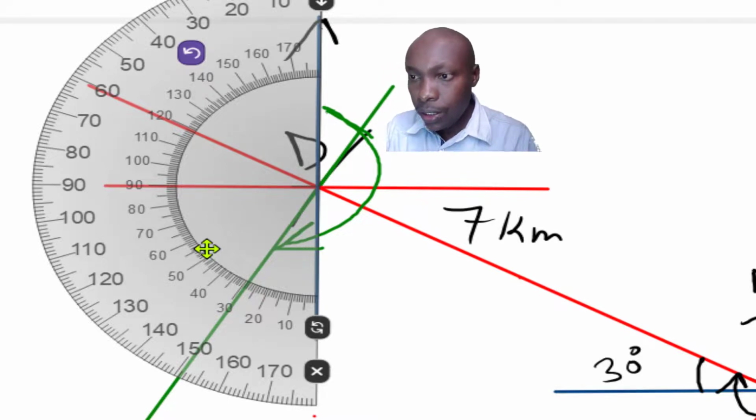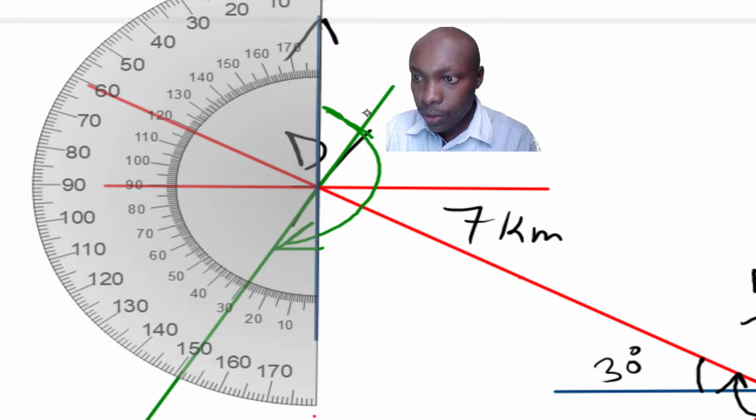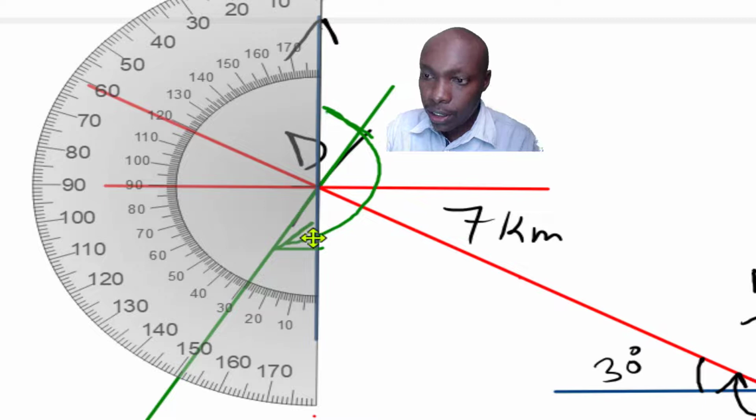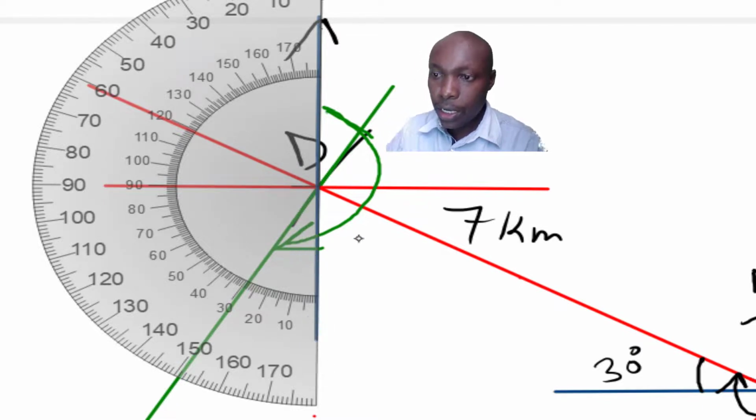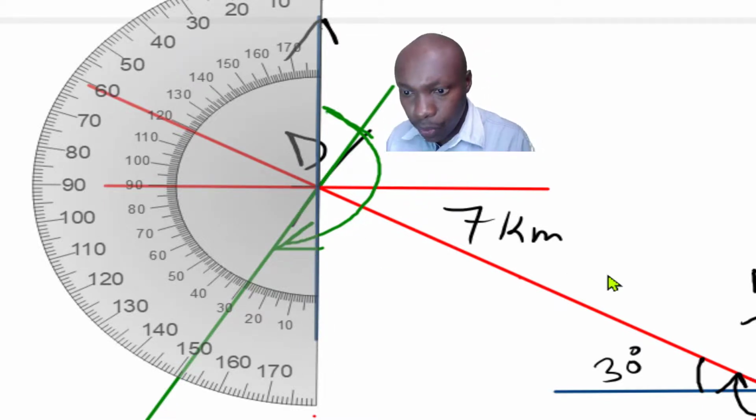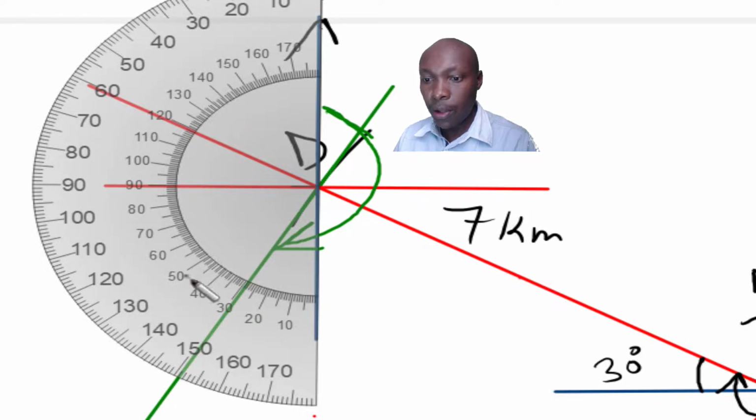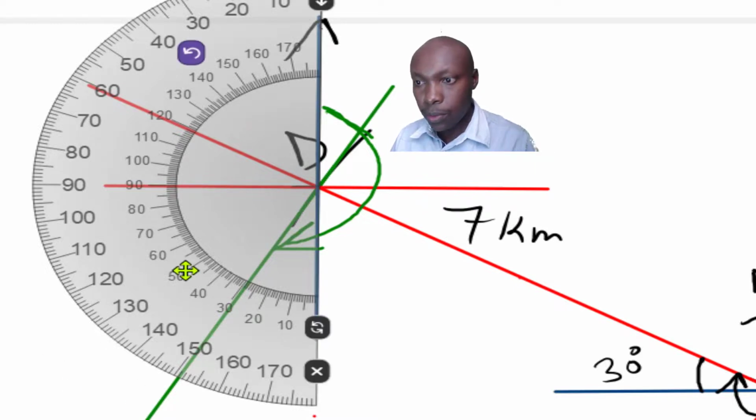So from this point going this way, that is a straight line, that will be 180, and then we're going to add this part that is here, which is giving around 29 degrees, and that is what you're supposed to add.